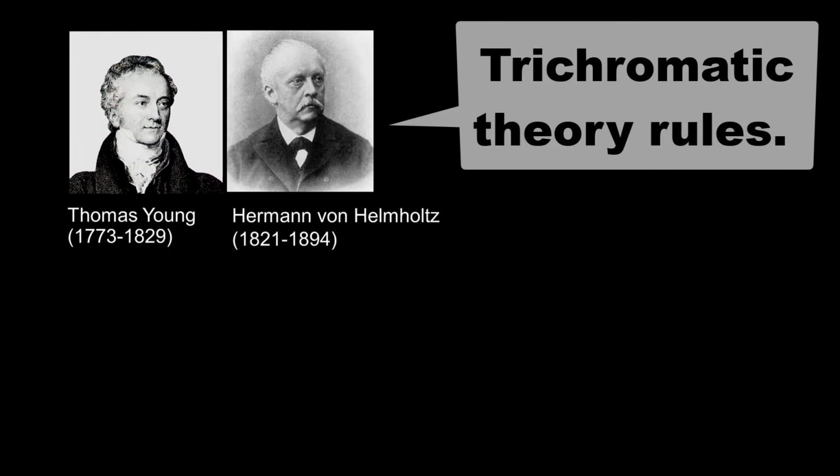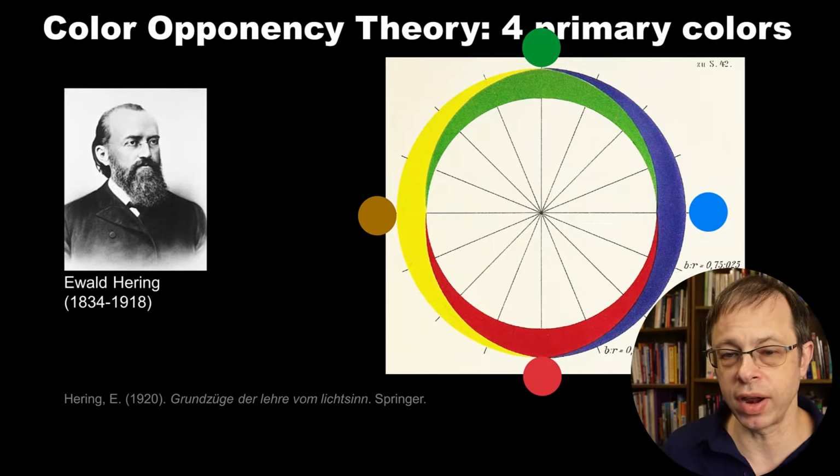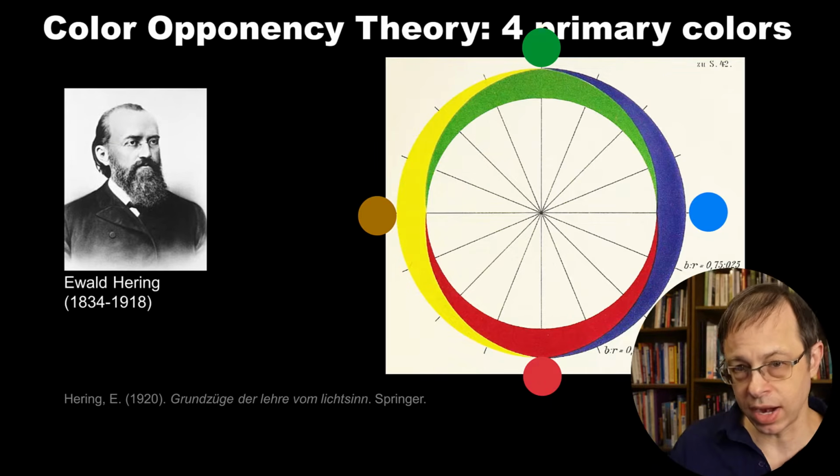Now, there's another theory that was actually popular at the time, and not a lot of people know about this because for some reason trichromatic dominated and the opponent process model did not. But at the time, there was a big fight with the scientists, and Ewald Hering had color opponent theory. And here's how this works.